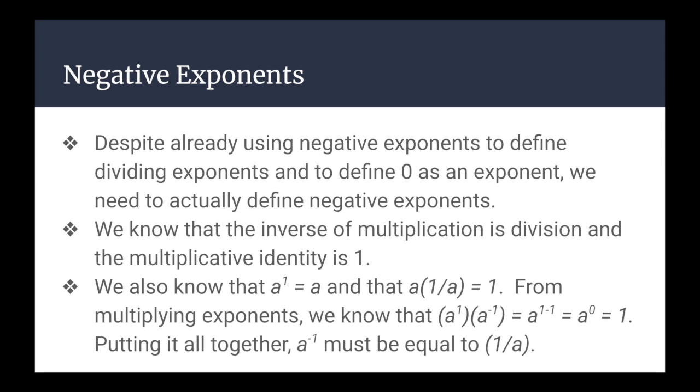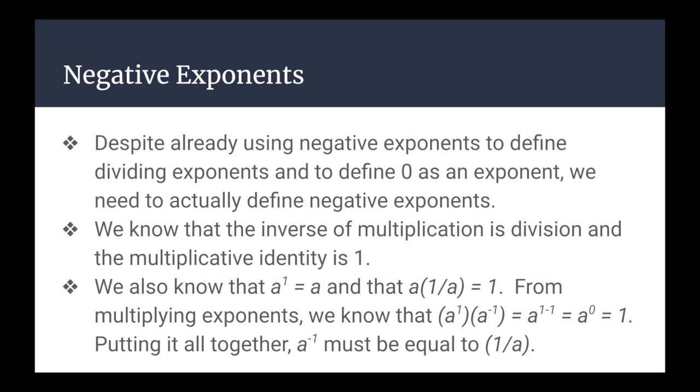Negative exponents. So despite already using negative exponents to define dividing exponents and to define 0 as an exponent, we need to actually define what negative exponents are. So we know that the inverse of multiplication is division, and that the multiplicative identity is 1. We also know that a to the 1st power equals a, and that a times 1 over a is equal to 1.